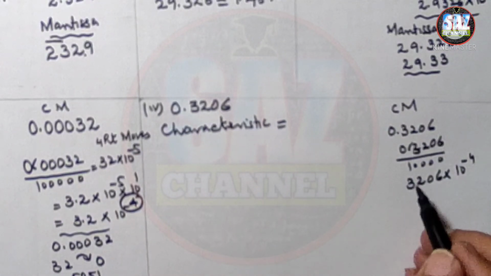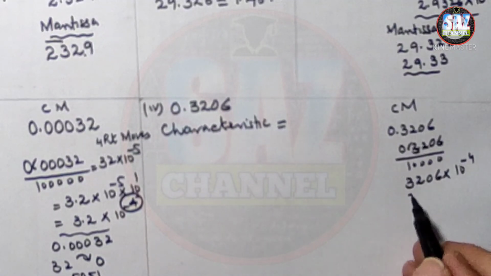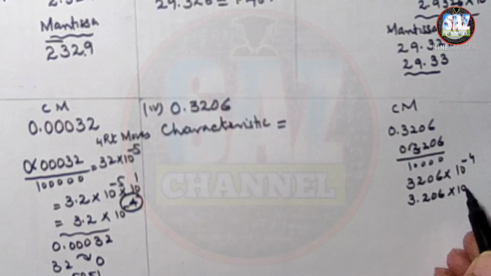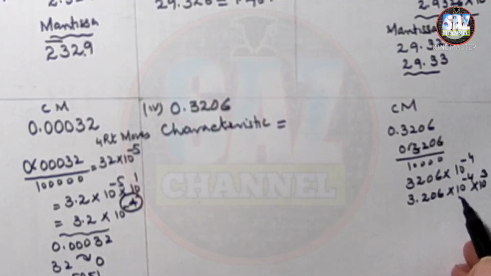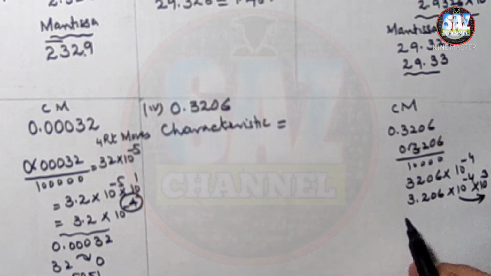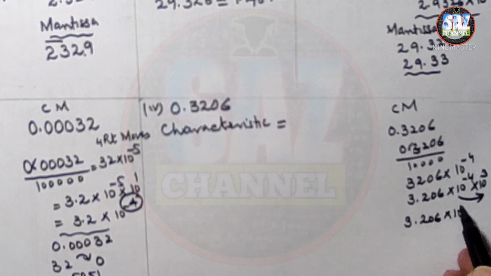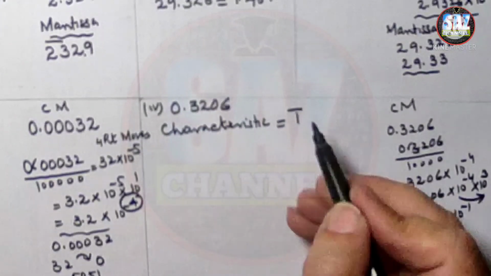So how many left moves will give me power of 10 positive. 3.206 multiplied by 10 raised to the power -4 multiplied by 10 raised to the power 3, and here bases are same. We are going to add up the indices. 3.206 multiplied by 10 raised to the power -1. So the characteristic of this question is -1.